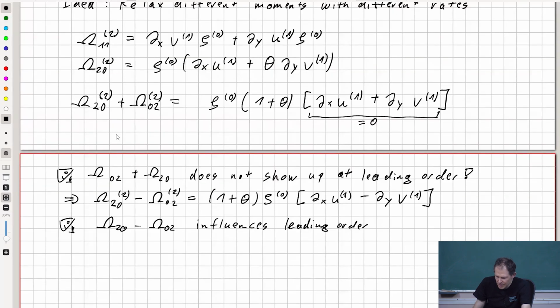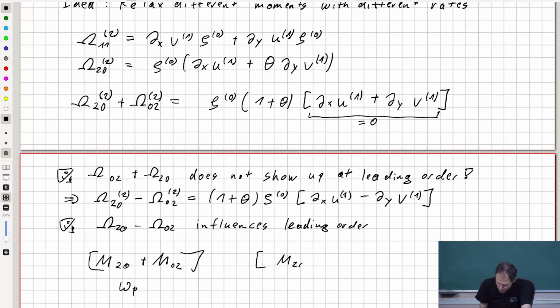Meaning, we can now distinguish for the second moments the following relaxation rates. For M2 0 plus M0 2, we define a relaxation rate omega p, because this is actually the pressure.